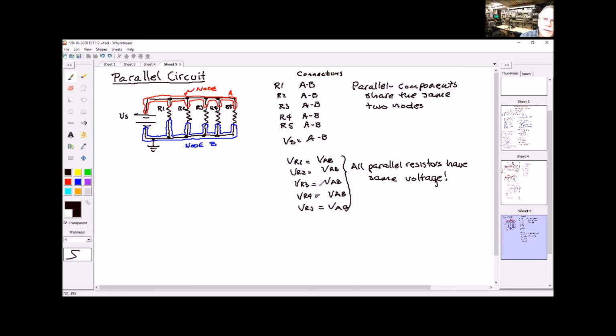In this particular case, in a simple parallel circuit, the resistor voltage equals V sub S.